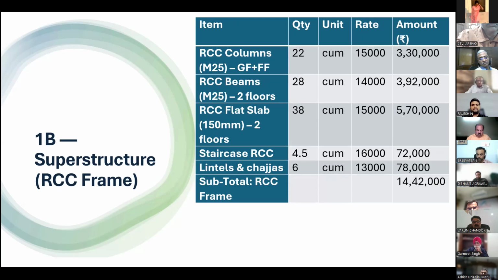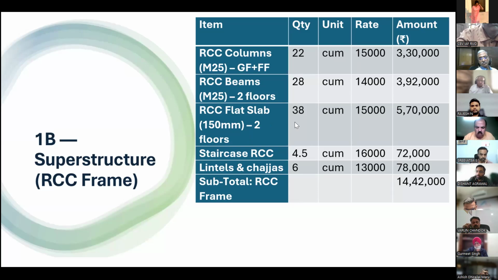Then for the superstructure or RCC frame structure, RCC columns, M25 grade, ground floor plus first floor, 22 cubic meter, rate is again 15,000 per cubic meter, 3,30,000. Then RCC beams, ground floor plus first floor, including plinth beam also, 28 cubic meter, rate is 14,000, amount is 3,92,000.